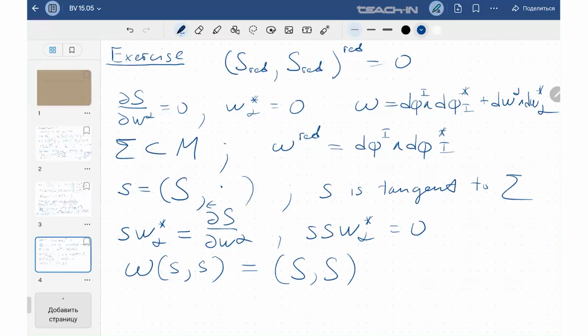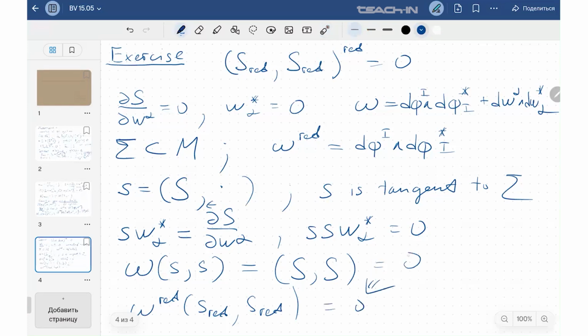But now look at omega red evaluated on S red, S red. Because the BRST differential is tangent, when we evaluate this expression at the surface, it's exactly the same as evaluating this expression at a point of the surface when we look at it on our big space M. So this is 0, and hence this is also 0.